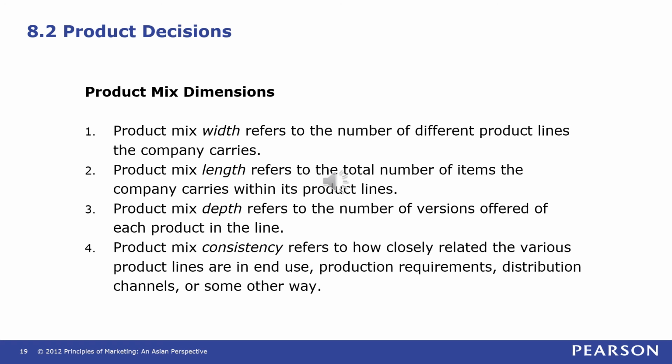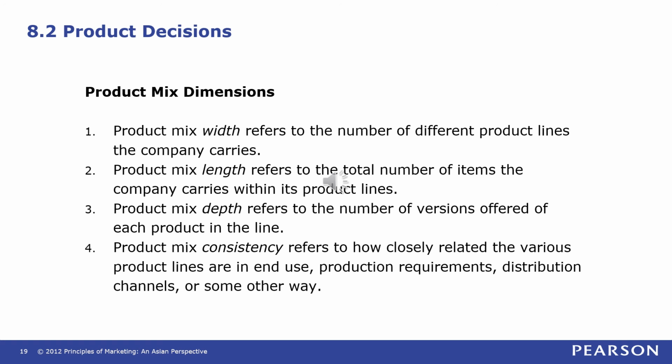The final one, the consistency of the product mix, refers to how closely related the various product lines are in terms of their usage, production requirements, distribution channels, or in many other ways.